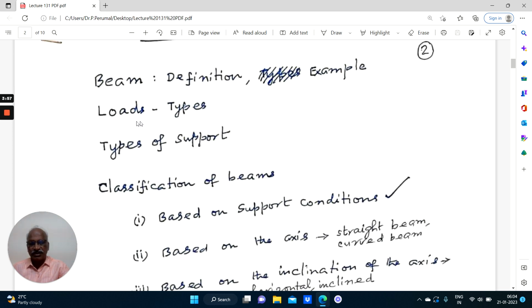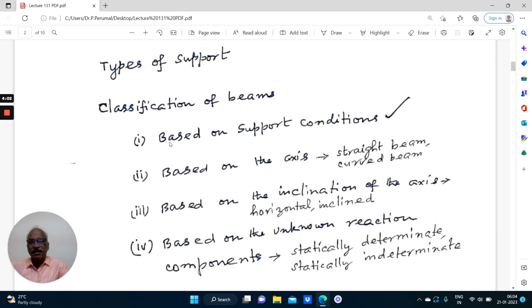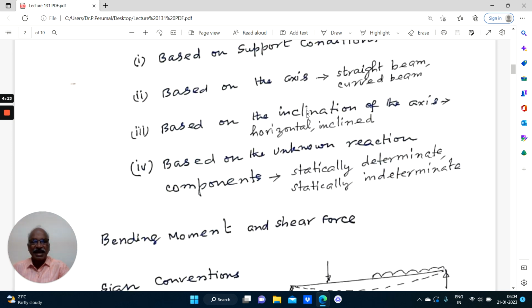We will discuss about the different types of loads, different types of supports. There are several classifications. Based on support conditions is one classification. That is what we are going to concentrate on now. Based on the axis, it can be classified as straight beam, curved beam, etc. Beams curved in the vertical direction, curved in the horizontal, beams curved in plan also.